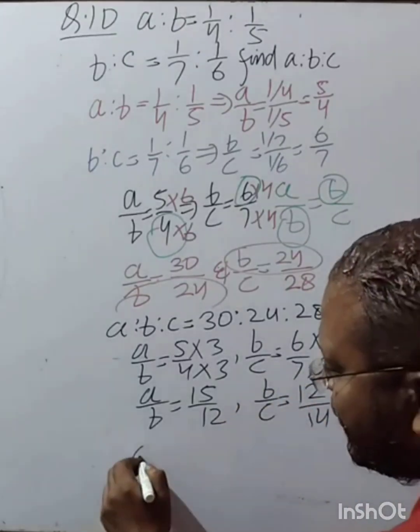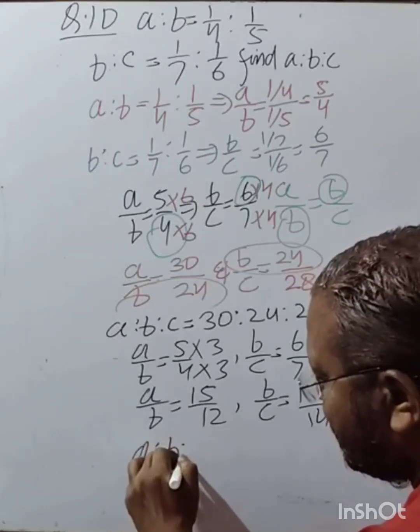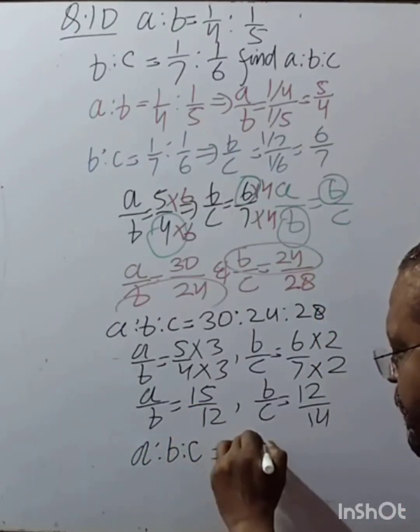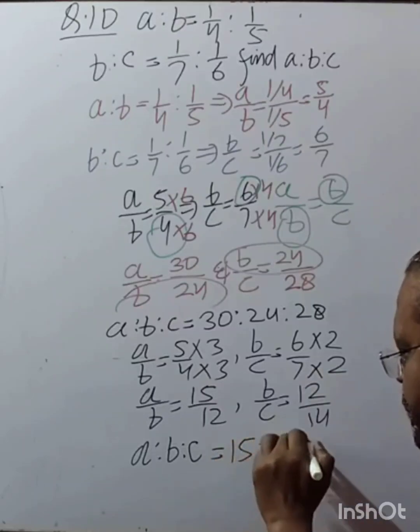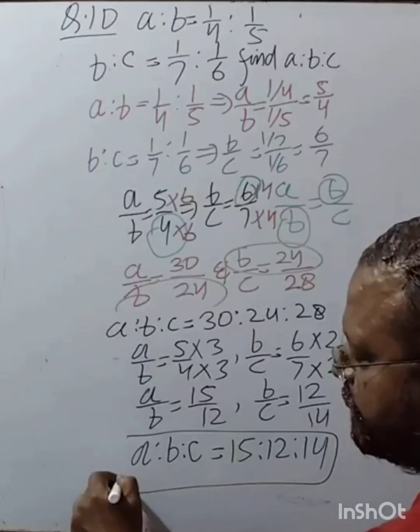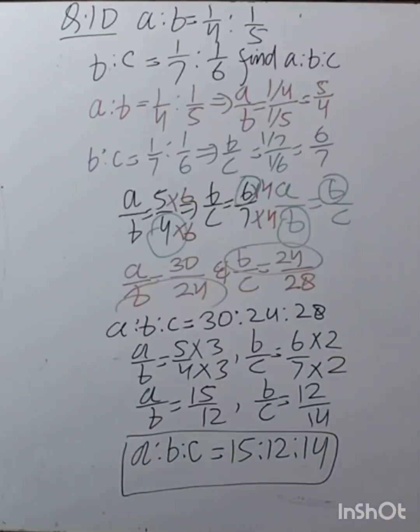So now A ratio B ratio C is equal to 15 ratio 12 ratio 14. You get this? Okay now? You can do it like this. Unfortunately I took the wrong number. The number was not wrong, we have to simplify that.